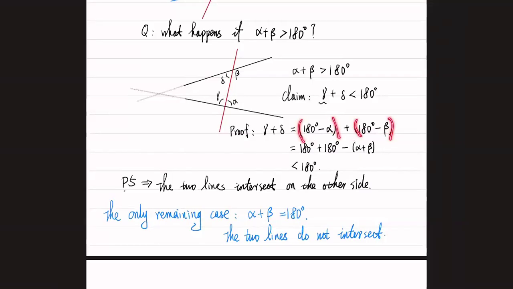We can drop the parentheses because it's addition. Now we have 180, another 180, right? Then we subtract alpha, subtract beta, or maybe subtract the summation.